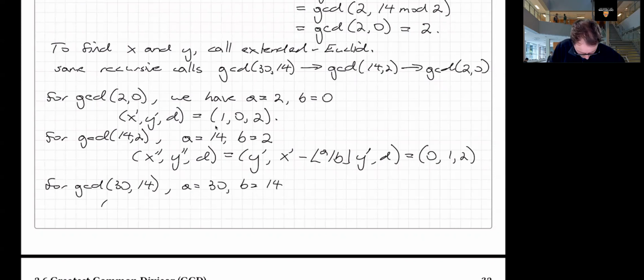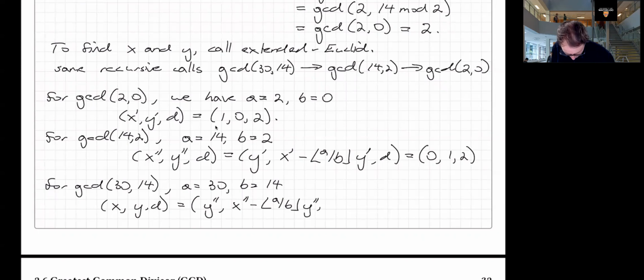And then finally, for the GCD of 30 and 14, we have A equals 30, B equals 14, the final result, X, Y, D, is given by Y double prime, X double prime minus floor of A over B, Y double prime, and D. And that's equal to, well, Y double prime is 1.